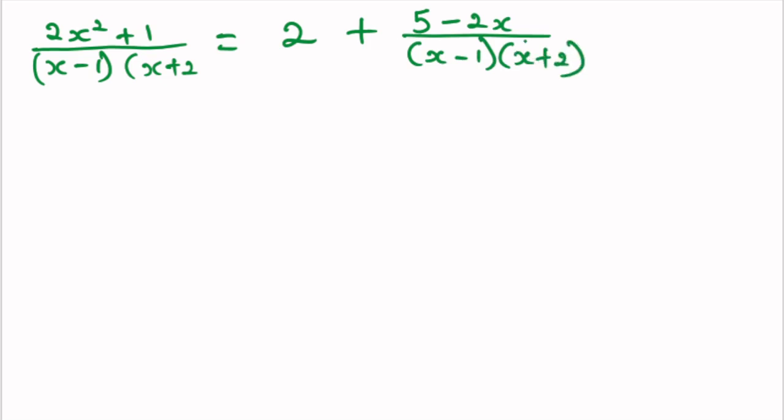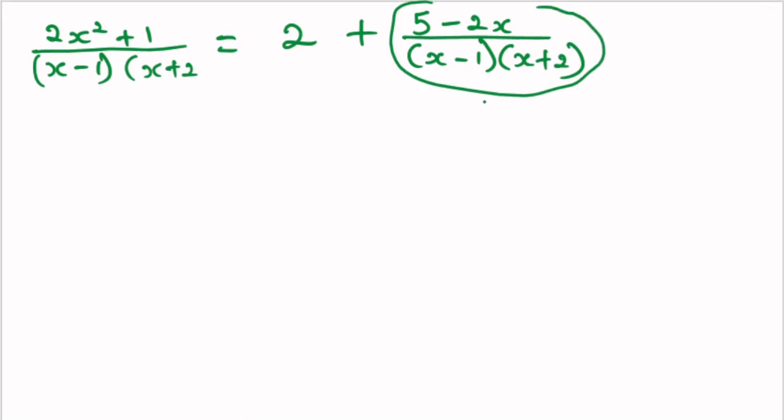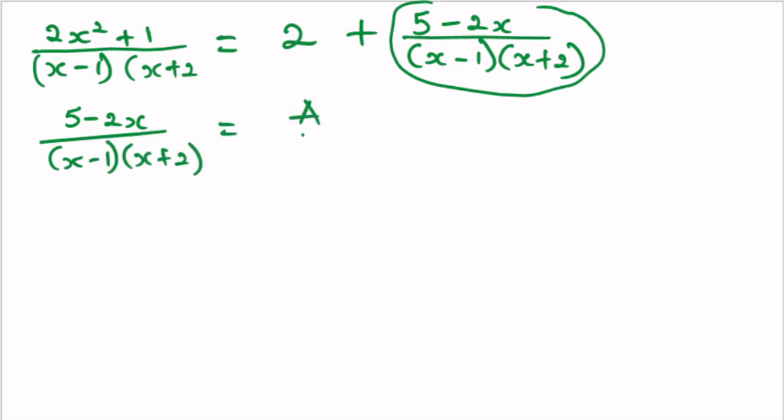So this is already in a proper fraction. We express this using the partial fraction. So our question now becomes 5 minus 2x over x minus 1 x plus 2 equal to A over x minus 1 plus B over x plus 2.